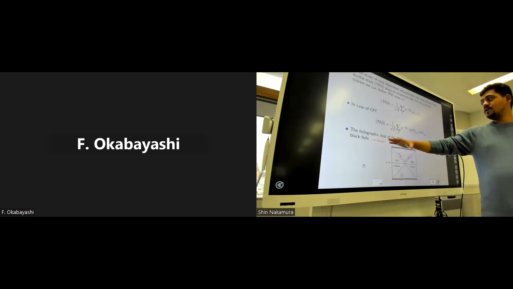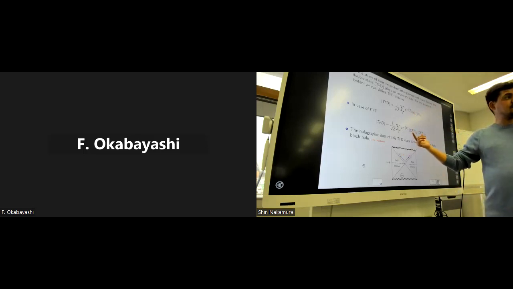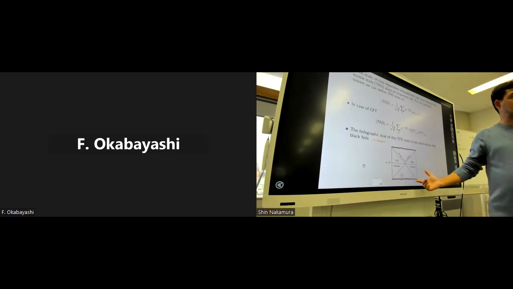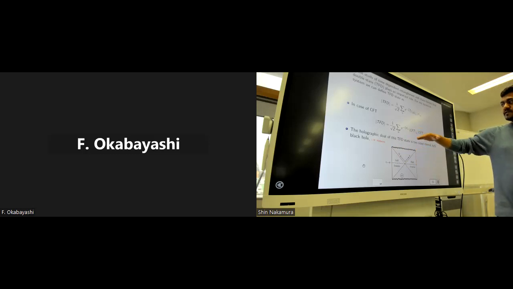Maldacena shows that if you have two CFTs, then that TFD will be dual to the eternal black hole, where each CFT is living on an individual boundary of this eternal black hole. So this TFD state has a holographic dual, which is the eternal black hole.